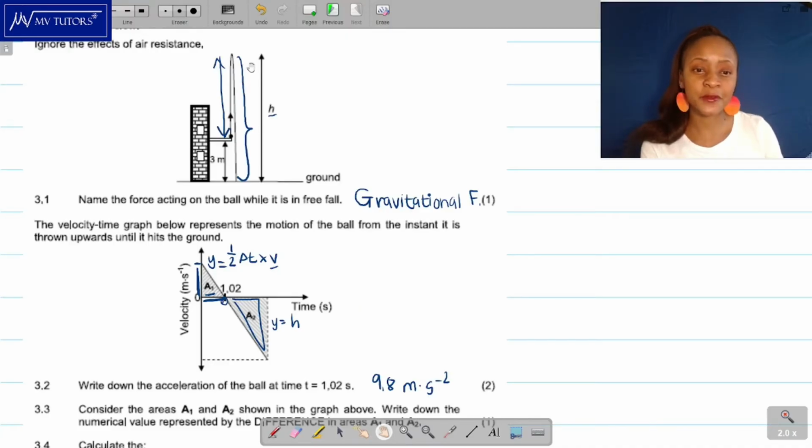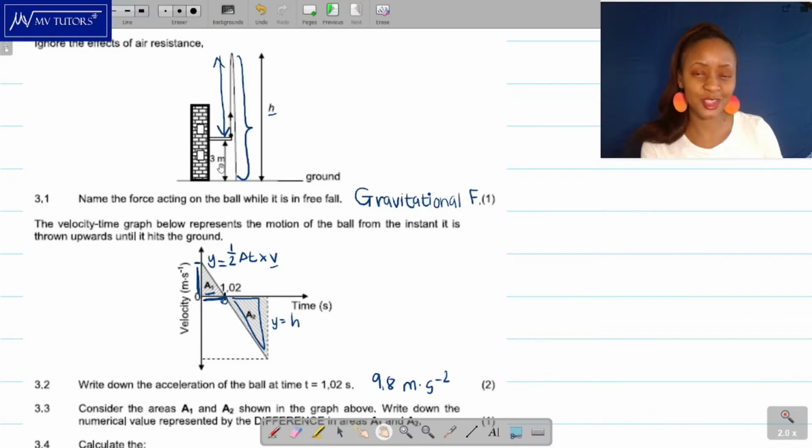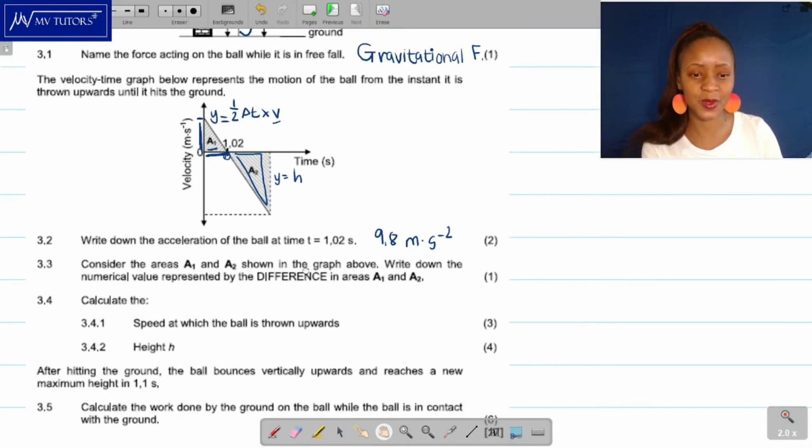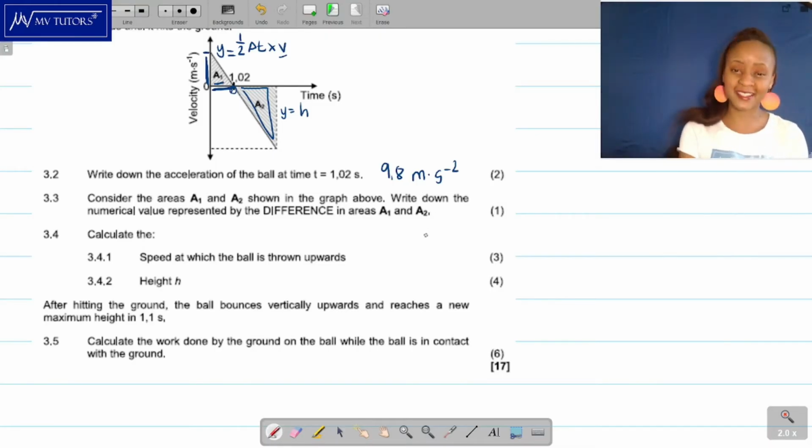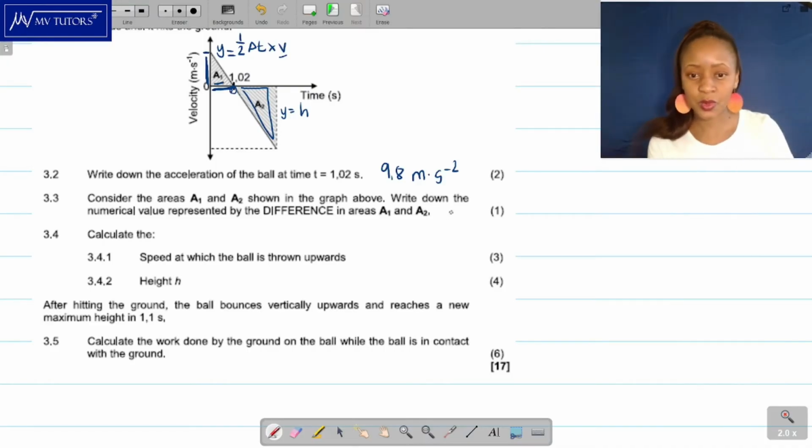So if you want the difference between h and that portion, we can see on the graph that it's actually 3. So our answer would be 3 meters. Let us go back. So the numerical value, and it's 1 mark because they are not expecting you to calculate anything. It's something that you can really see. So that would be 3 meters.